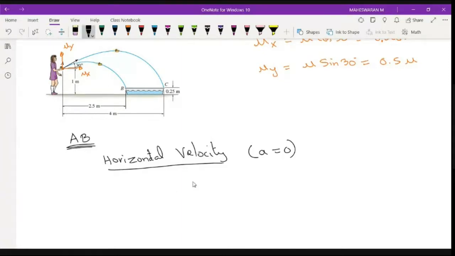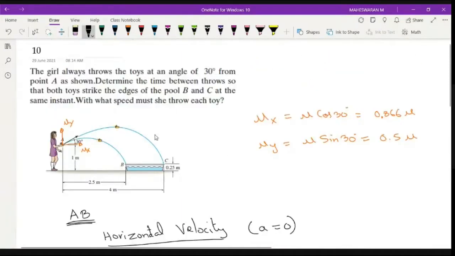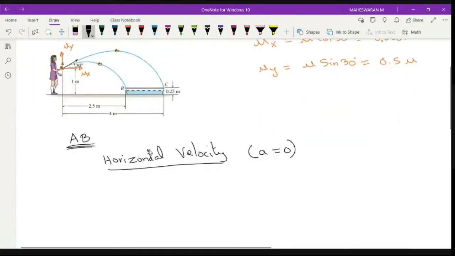Vx is equal to ux. They are not asking anything related to the velocity at which it strikes, so the first equation we can eliminate. The second equation is x equal to ut plus half at square, so x is equal to uxt. The distance x is mentioned here: x is 2.5 meter.